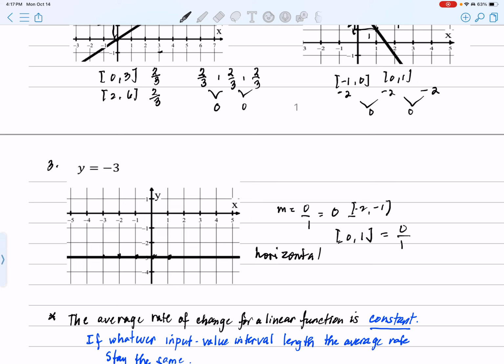The run is 1, so it's still a 0. That means if your rate of change is 0 all throughout, the average rate of change for a linear function is constant. Okay? It is constant, always constant.